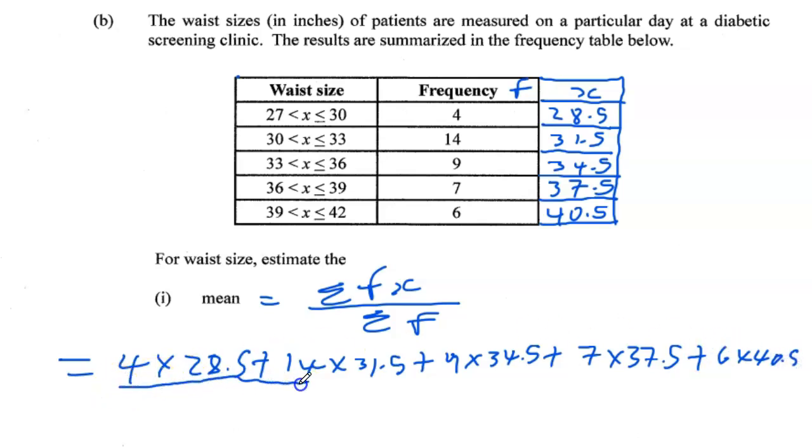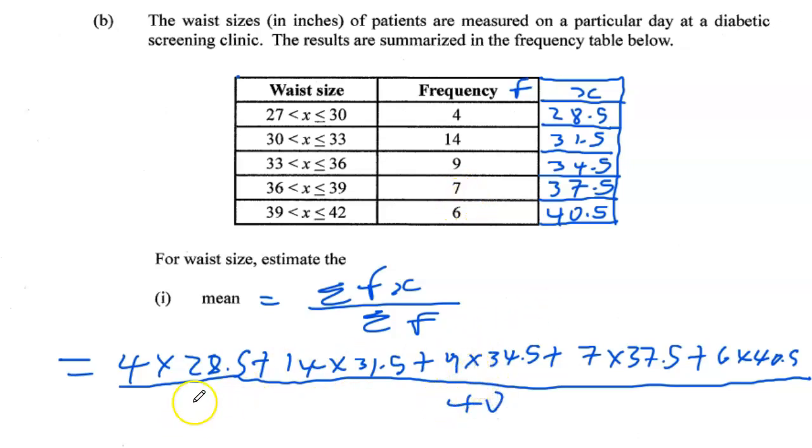And all of this over the sum of all the frequencies. So 4 and 14, that's 18, 18 and 9, 27, 27 and 7, that's 34, 34 and 6, that's 40. So all of this divided by 40.